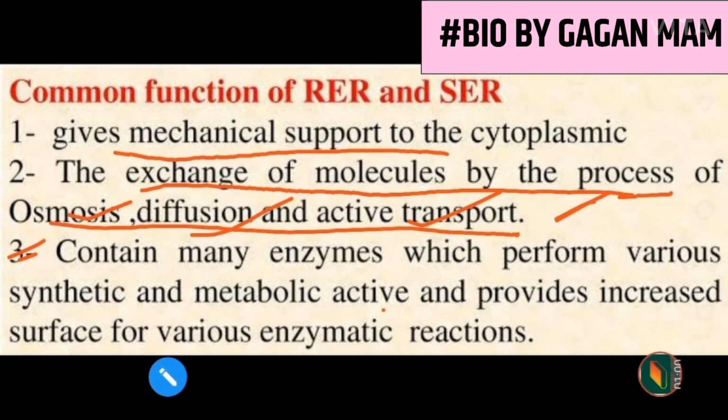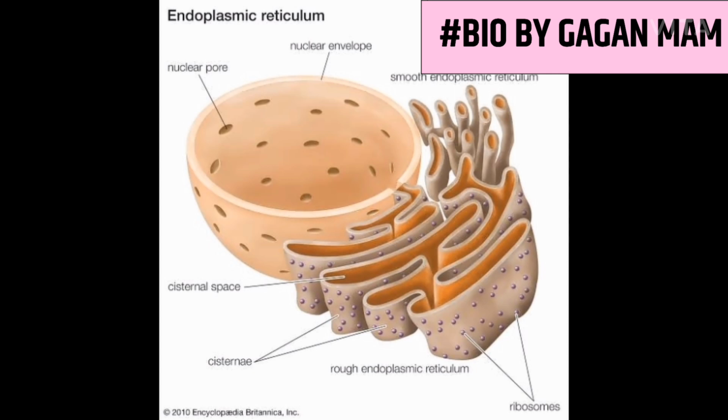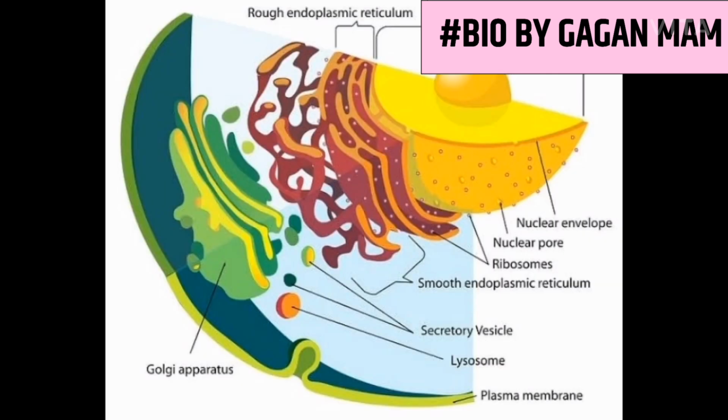Actually, the membrane of the reticulum provides increased surface area for metabolic activities within the cytoplasm. It secretes many enzymes which are involved in various metabolic activities. So these are some of the common functions of RER and SER. This is all about ER. In the next video we will discuss the second member of the endomembrane system, that is the Golgi complex.